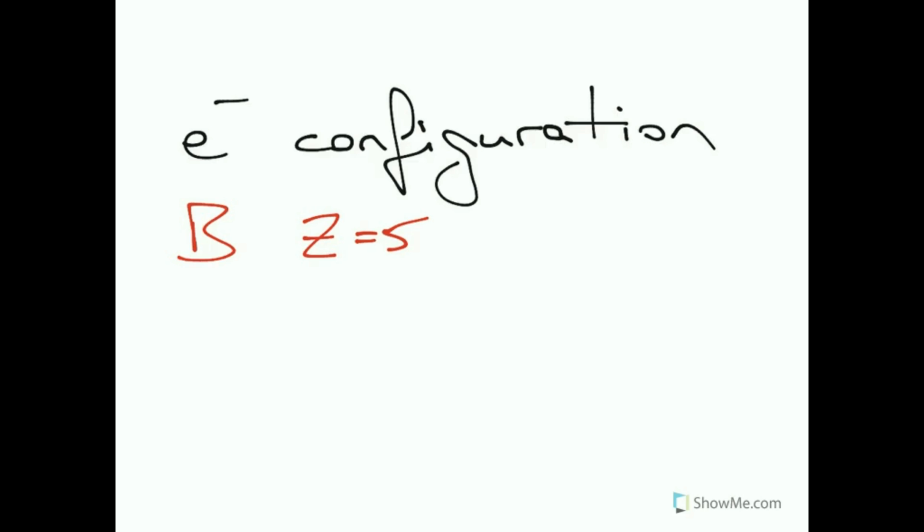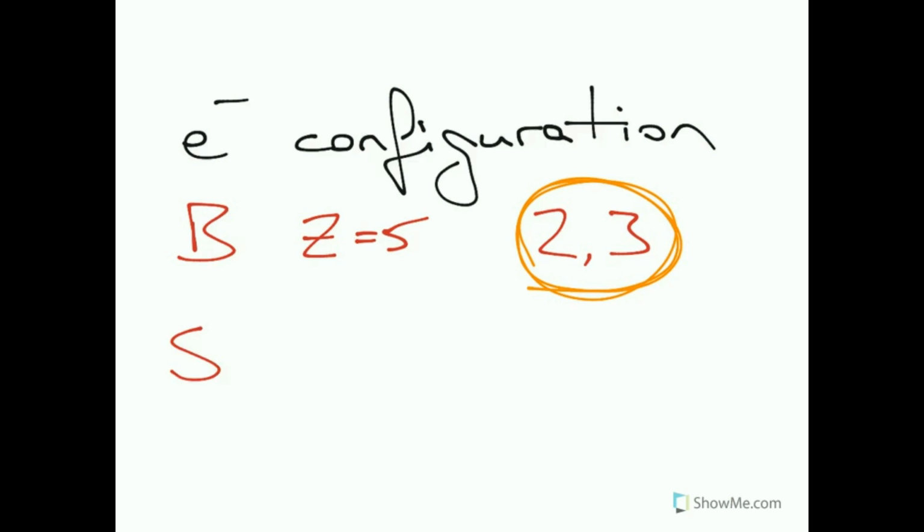So that first shell will have those 2 electrons. We put a comma, and then we move on to the next shell. Now the second shell can take 8 electrons, but we only have 3 left. So we put those 3 there. This is the electron arrangement, or the electron configuration, for the atom boron: 2,3.